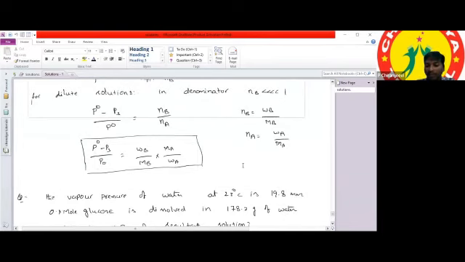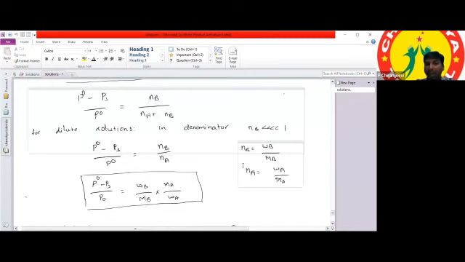Before that, one more equation we get: (P naught minus PS) by P naught is equal to the mole fraction of the solute, which is NB by NA plus NB.